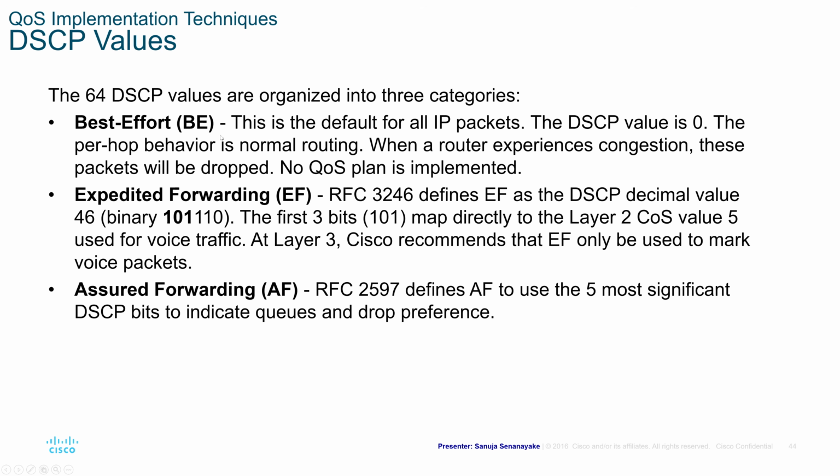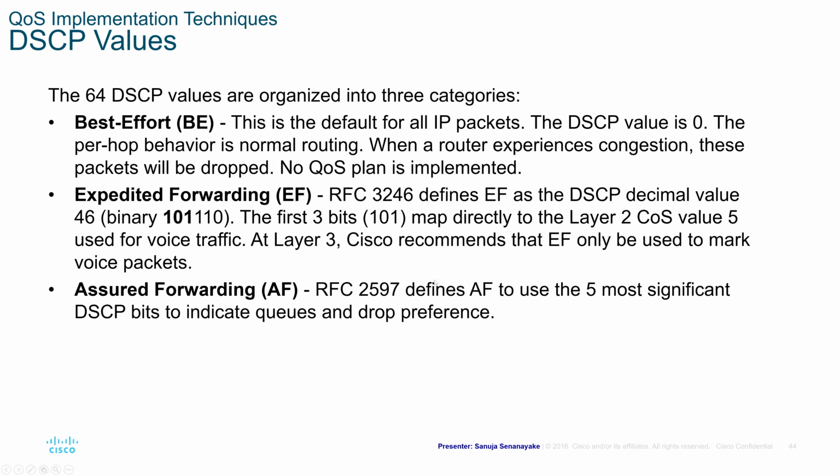best effort. In expedited forwarding or EF, the RFC 3246 defines the EF as the DSCP decimal value 46, which is binary 101110. The first 3 bits, which is 101, map directly to the layer 2 QoS, where the value 5 is used for voice traffic.